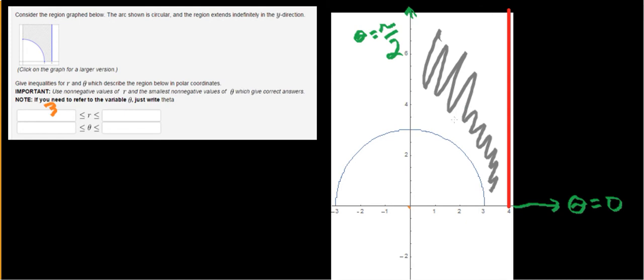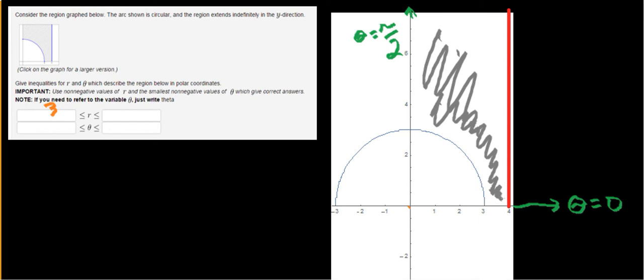So we have our shaded region. We have our lower limit for r as r equals 3. And we can see that this shaded region, in terms of theta, doesn't extend below the line theta equals 0, and it doesn't extend past the line theta equals pi over 2, but it goes right up into both of those lines.